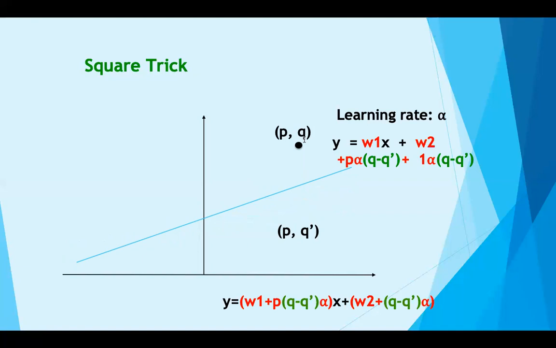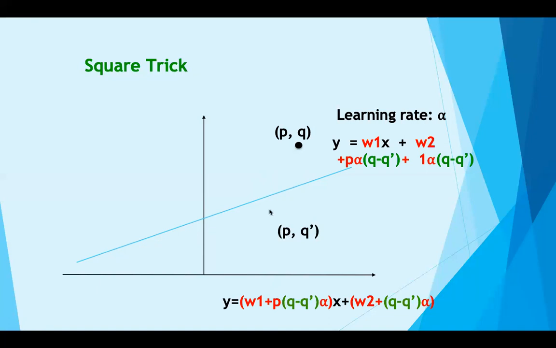But if the point is underneath the line instead of over the line, then q minus q', which you have seen here, is actually a negative number. If this is the case, then we are subtracting something from the slope, and thus the line will rotate in the opposite direction. So this trick also takes care of points that are under the line.